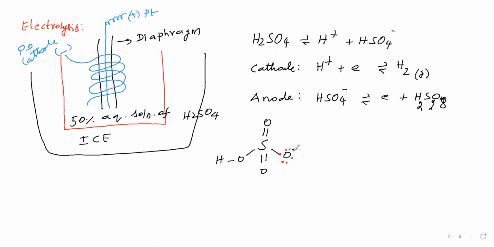For O-, due to the minus charge, a 7th electron should be present. Now, it is losing 1 electron, because going to the anode it has to give an electron to the anode. So 1 electron is removed and the negative charge is also removed. Now, another bisulfate radical we will take.